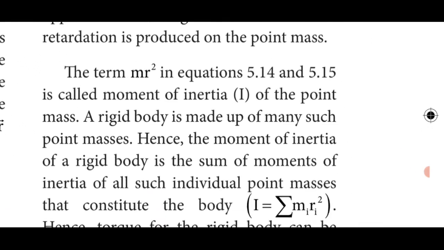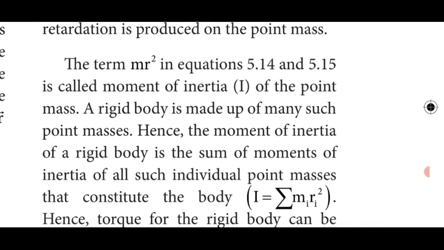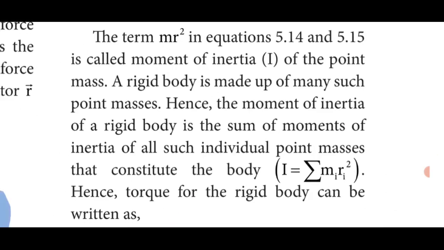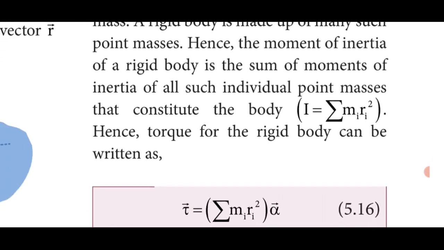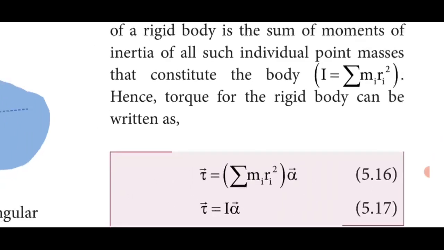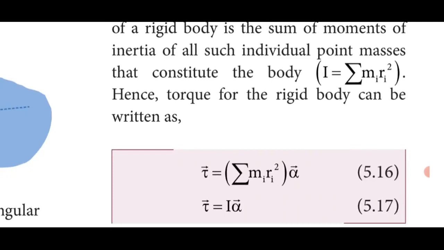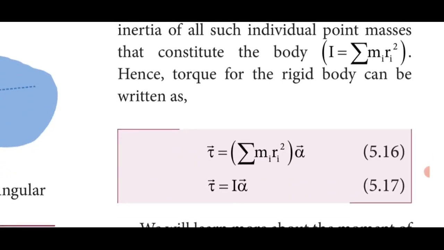The term m r square is called the moment of inertia of the mass. A rigid body is made up of many such points. Hence, the moment of inertia of the rigid body is the sum of the moments of inertia of all such individual point masses constituting the body. I is equal to summation of m_i r_i square.